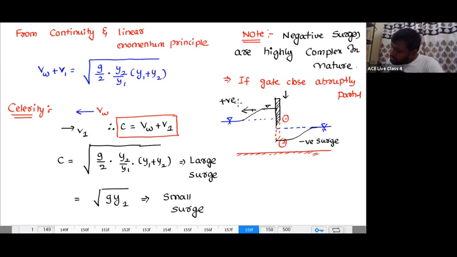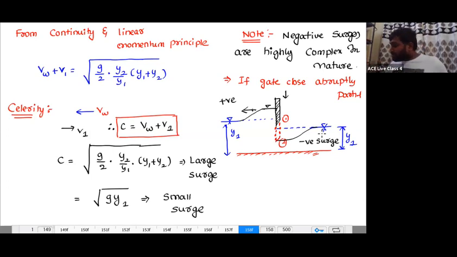Positive surge, because compared to the initial depths, Y1 and this is the Y1, when you suddenly close the gate from here to here, what you can observe is on the upstream side water level rises, positive surge. On the downstream side water level falls, negative surge. So forget about the negative surges. We don't deal with the negative surge. Negative surges are highly complex in nature. That's not at all useful.